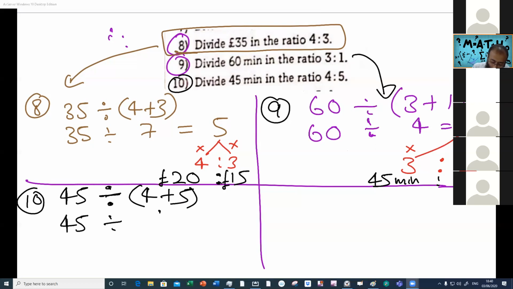And what's 45 divided by 9? 5. Beautiful. So far, you've done the division and addition fantastically. Okay, what's the ending part of this question? You do times by 4 and then times by 5. Okay, that's looking good. So what's 5 times by 4? 20. And what's 5 times by 5? 25.